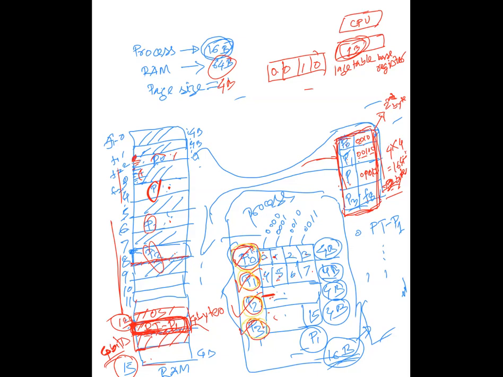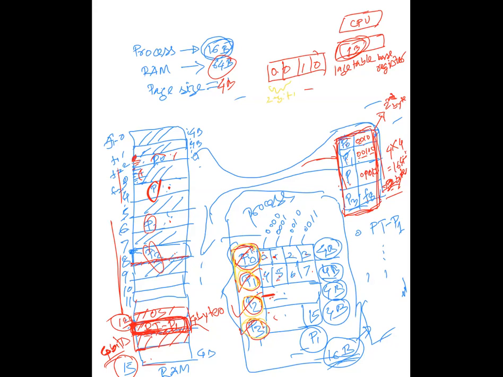So for addressing the 4 pages, how many bits do you need? You need 2 bits. These 2 bits will be for the page number.